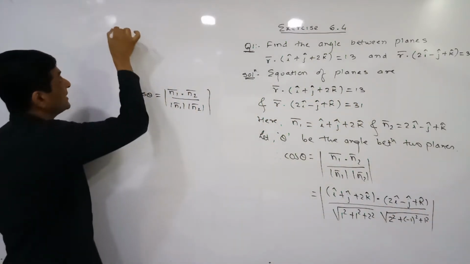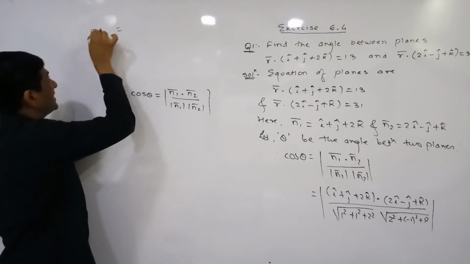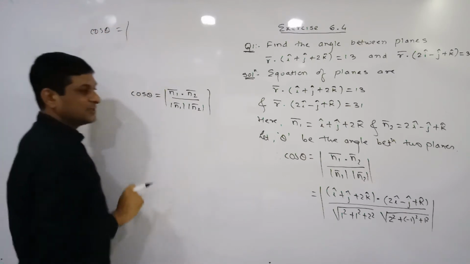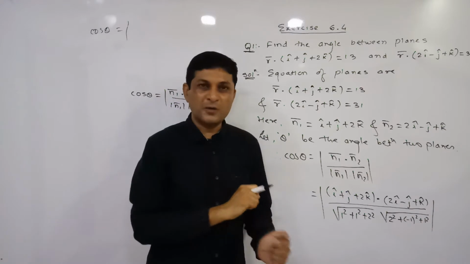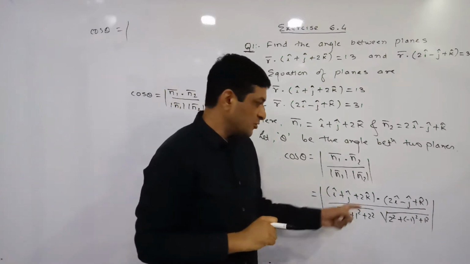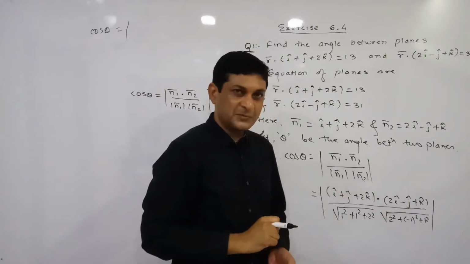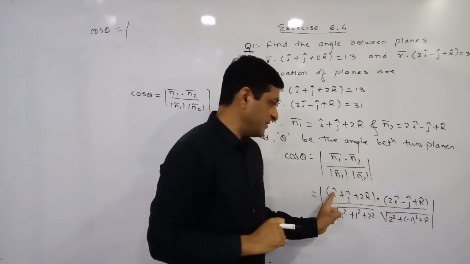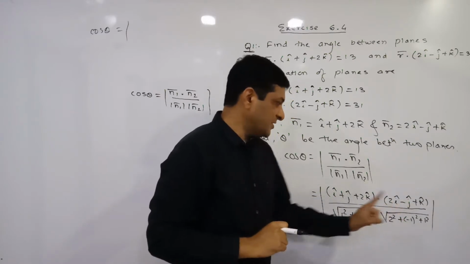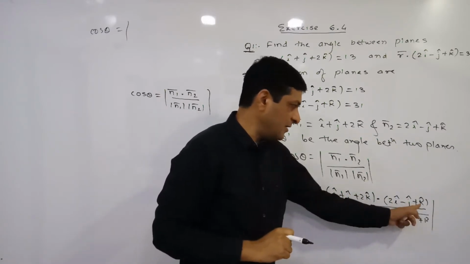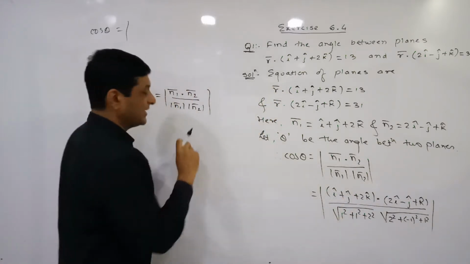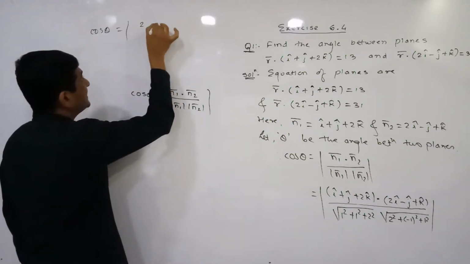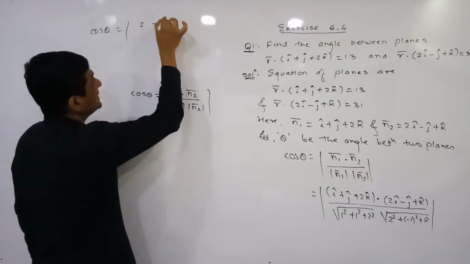So here we are finding the value of cos theta. In the numerator we find the dot product of these two vectors. Both vectors are in Cartesian form, so their dot product is 2 into 1 equals 2, minus 1 into 1 is minus 1, and 1 into 2 is 2. That means 2 minus 1 plus 2.